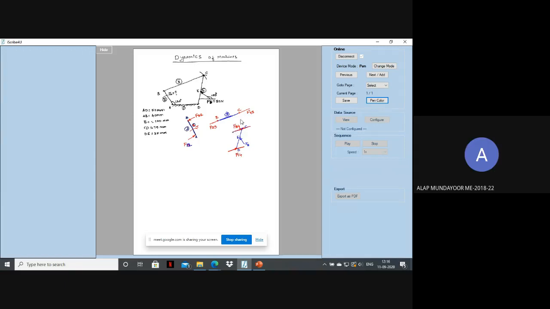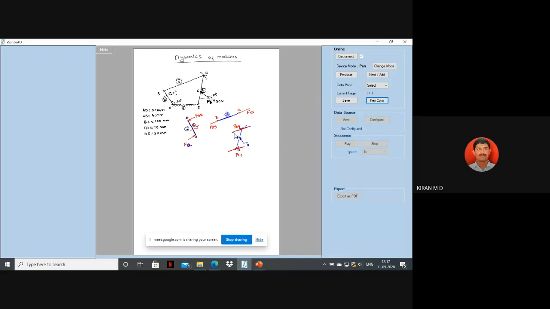So why is F14 in that direction? Always, it is like a couple. Now it is like a couple, so in same angle, opposite direction you will get. Is it clear? But you've drawn same direction. Yeah, actually this is in the opposite direction.